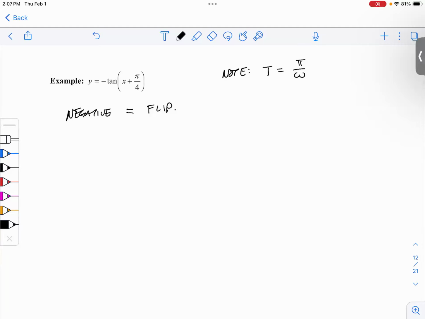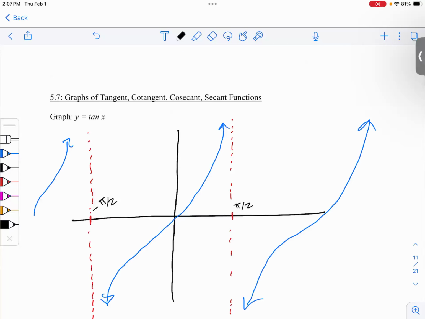If this is the graph and I change the amplitude to 5, how does that really look different? The answer is it doesn't. The 5 just means that this increases slightly faster, but it's going to get near this asymptote eventually. So amplitude doesn't even affect anything for tangent functions.